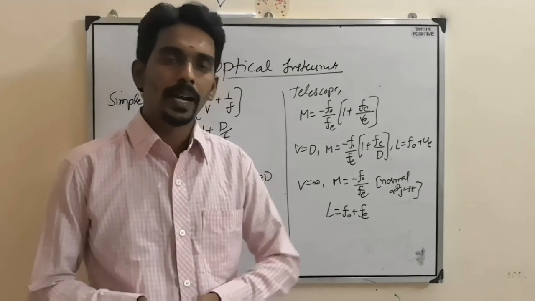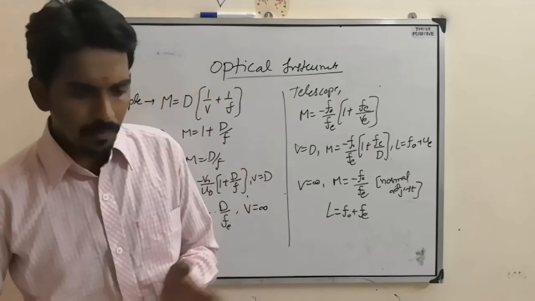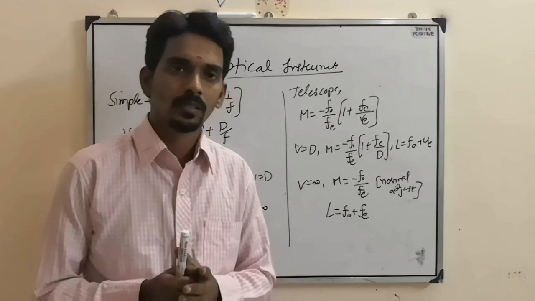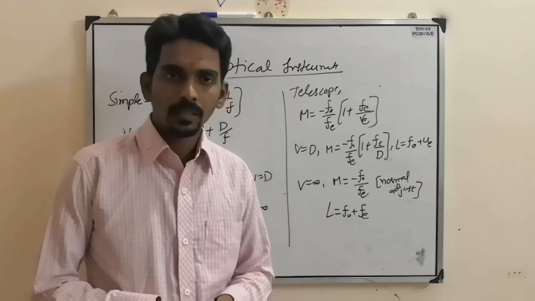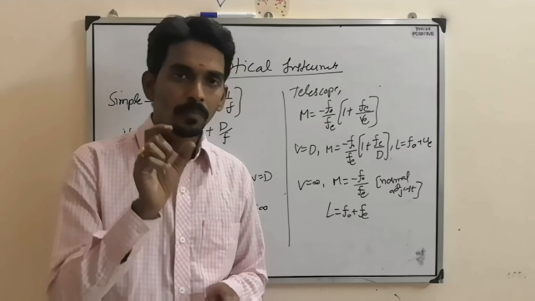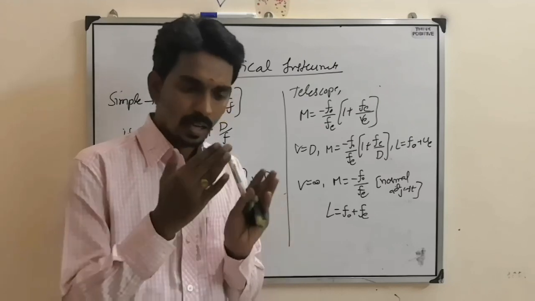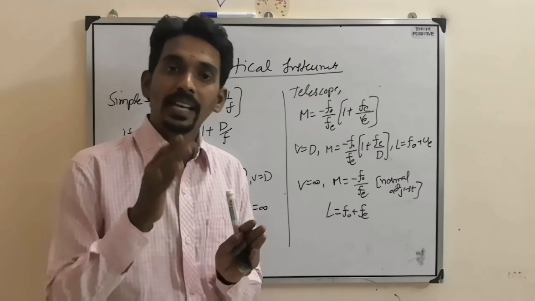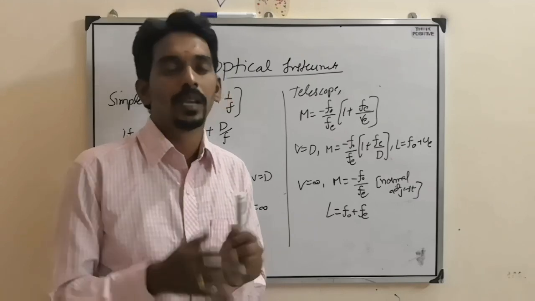compound microscope and telescope. Simple microscope means just a lens, a convex lens. For a convex lens, when you take the object between focus and optical center, you will get a virtual, erect and enlarged image.